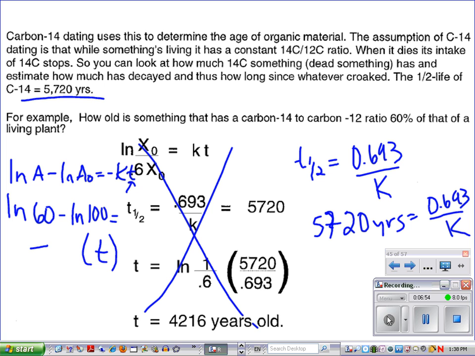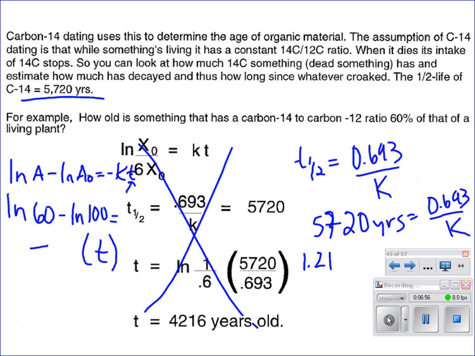So for the K, we get 1.212 times 10 to the negative 4. And we're going to take that K and plug it in here. So go ahead and do that and solve for your T.